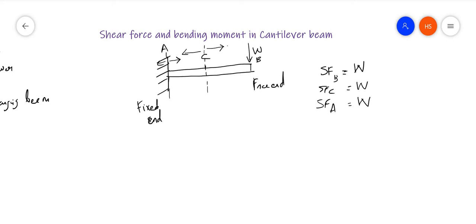If I take an arbitrary sample section XX like this, the shear force is the sum of the forces to the right or left of the section. I can take the forces either to the right or to the left. By considering some more problems, it will be easier for you.